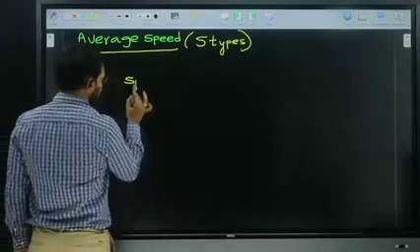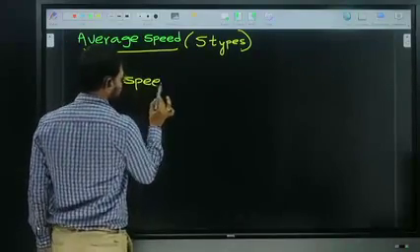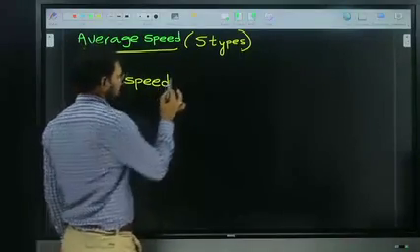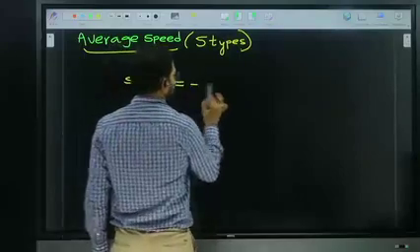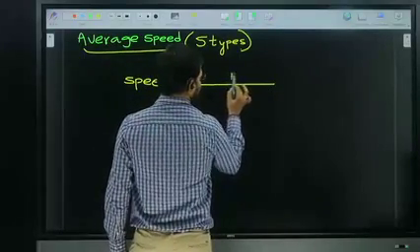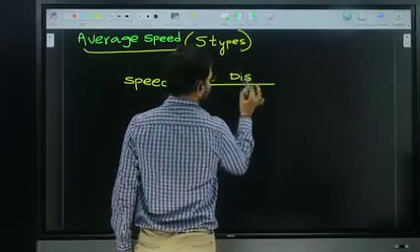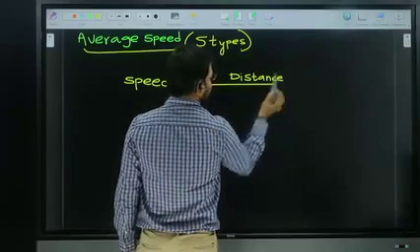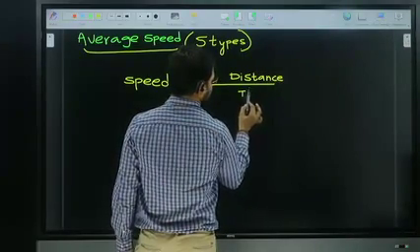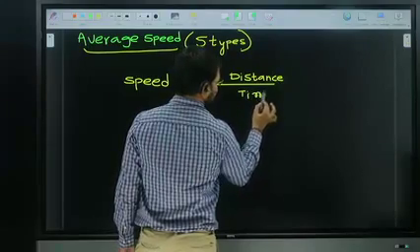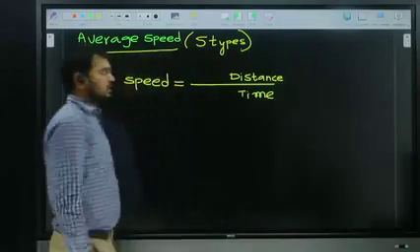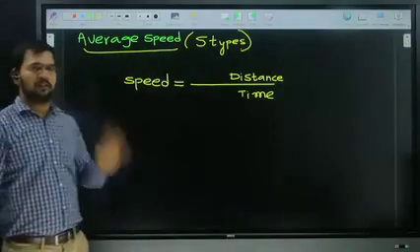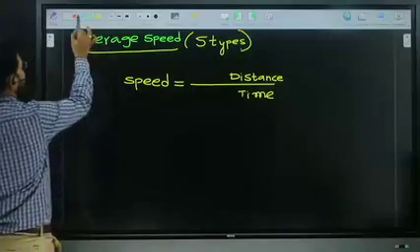Generally, speed is nothing but distance by time. Distance by time is nothing but speed. But here, what is meant by average?